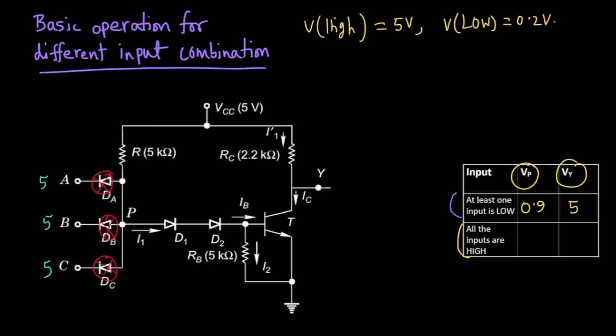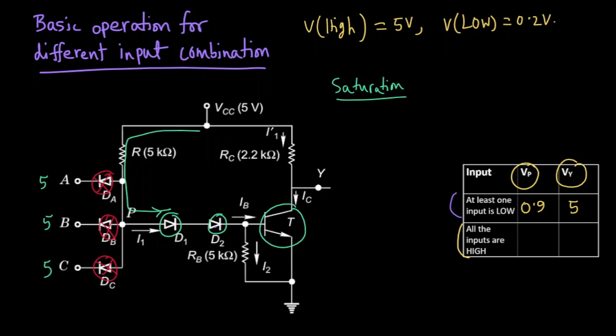So the only way for the current to flow from VCC is through the diodes D1, D2, and through the transistor T. So they all will be turned on. And we will assume that the transistor T operates in saturation, and in a later part of this video we will show why this assumption is valid. So let us analyze the circuit.